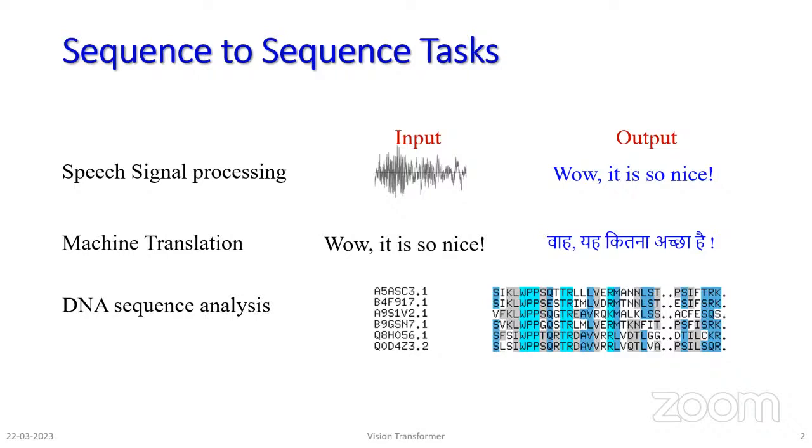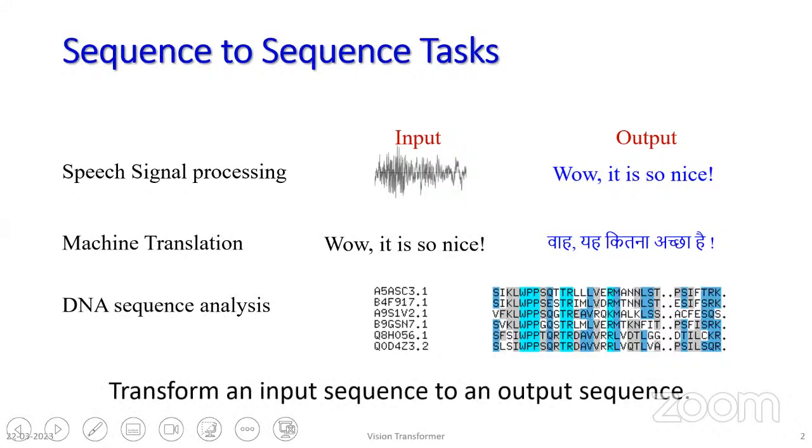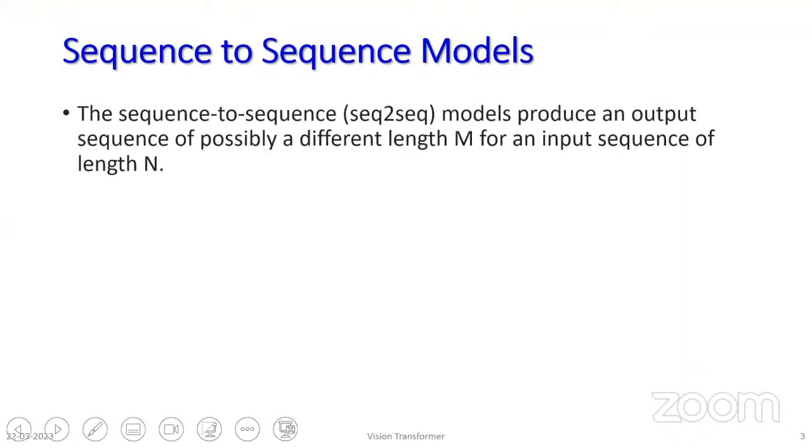So how do we make neural networks learn the sequence to sequence transformation tasks? These tasks expect the AI model to transform an input sequence to an output sequence. Sequence to sequence models produce an output sequence of possibly different length m from an input sequence of length n.